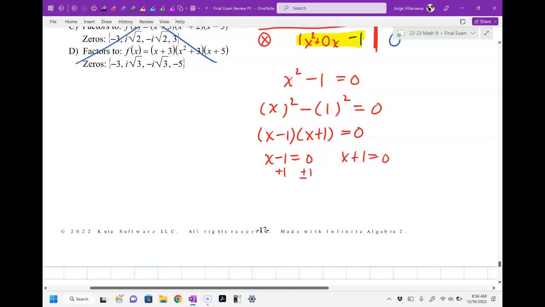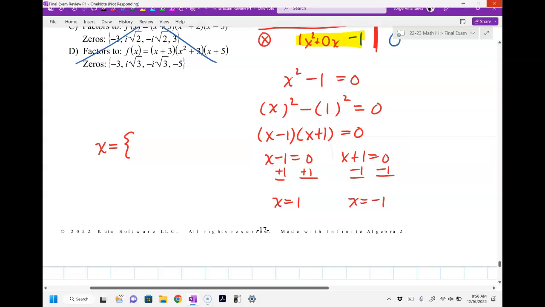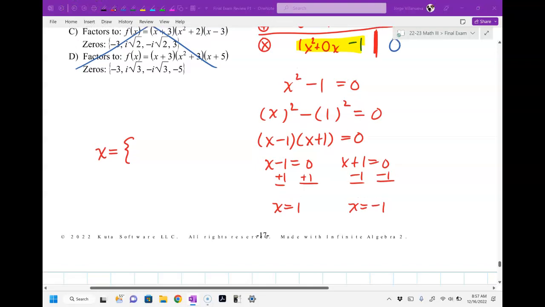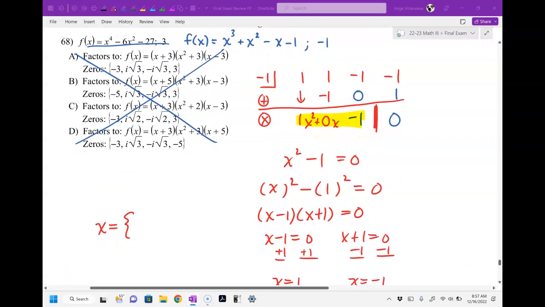So add 1 to both sides. I get x equal to 1. Subtract 1 from both sides. I get x equal to negative 1. So here are my three answers. The three answers that I got are 1 and negative 1. And what was my other answer? 1, negative 1, and the one on the very top was, hold on, my thing is taking a while to respond here, negative 1 as well, right?